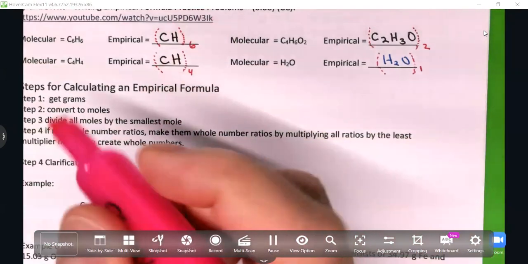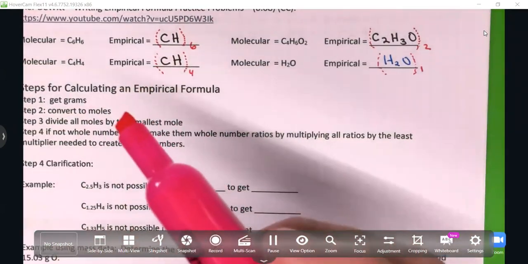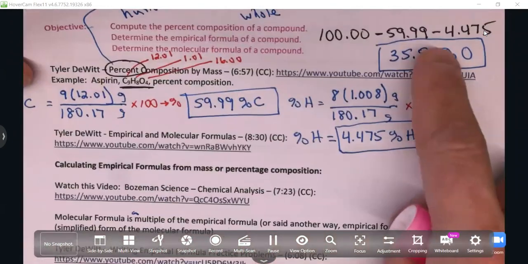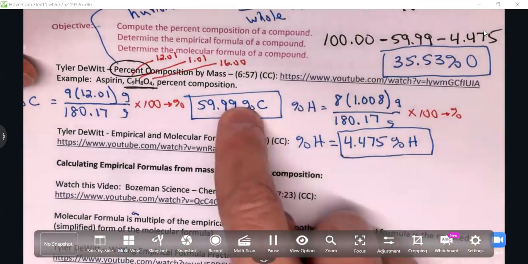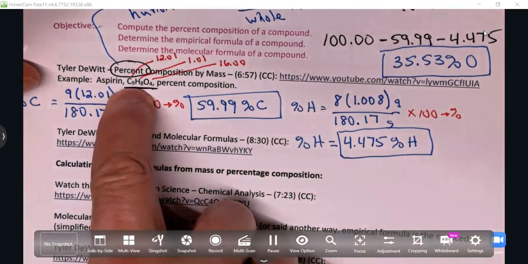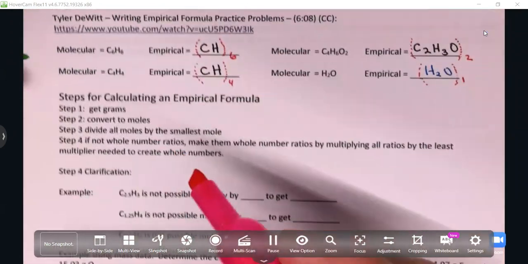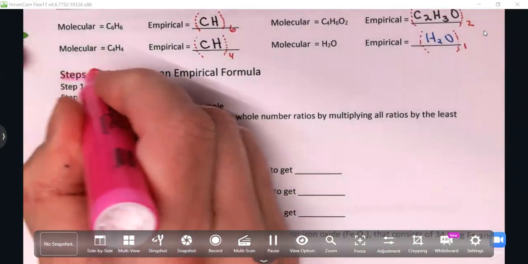Here are the steps. Again, we're going to go backwards. We're either going to be given grams or percents like this, and we have to be able to calculate backwards to get the formula. So here are our steps.